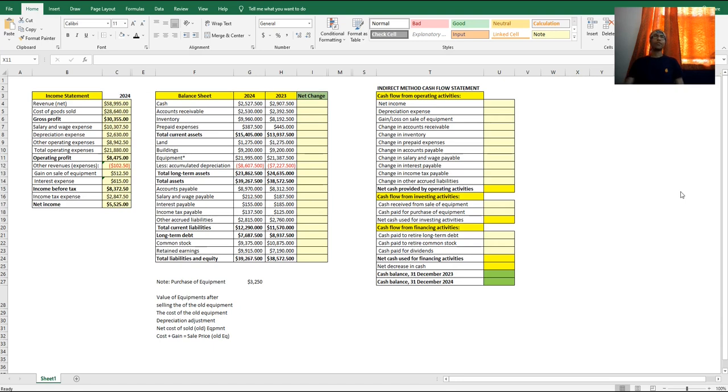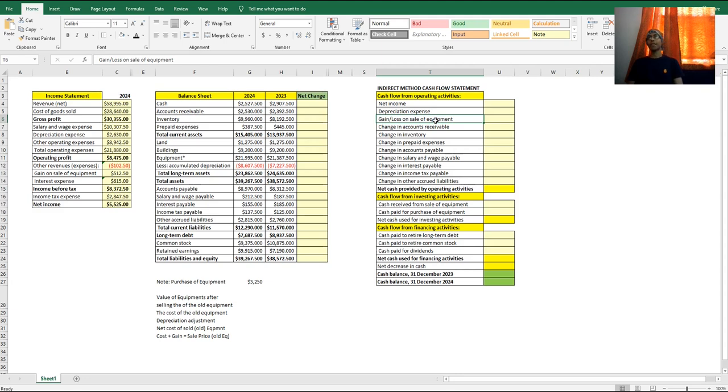As you can see friends, we have the indirect method of cash flow statement format here, and this starts with net income, right? Net income is there, then a non-cash charge like depreciation expense, then gain or loss on sale of equipment, which is basically a non-operational earning or loss. So if it's a loss, it will be added back.